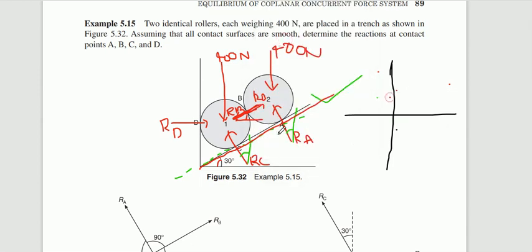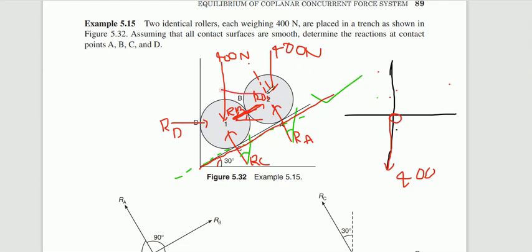Now 400 is a force which is moving downward, so from this reference point I am writing 400 downward. And RA is going in this direction, into the second quadrant, that is above.